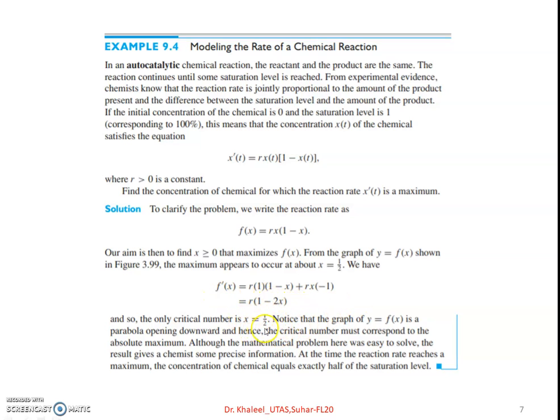You will get x equal to 1/2 as the critical number. So for x equal to 1/2, f(x) is maximum, which means x'(t) is maximum. To find the limiting value, we just put x equal to 1/2 here to get that.